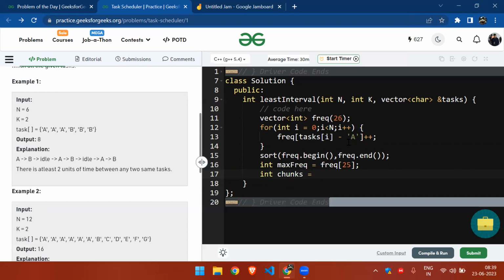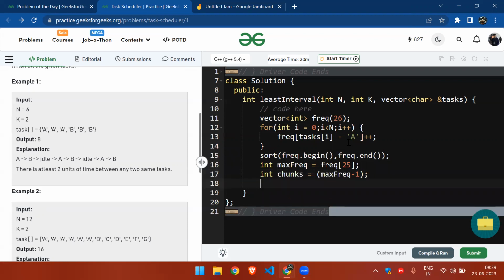It would be the maximum frequent character minus one. And the number of idle spots we'll be having is the number of chunks multiplied by the cooldown period, which is nothing but K.